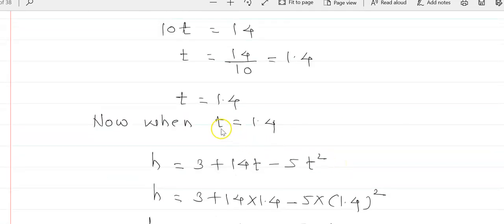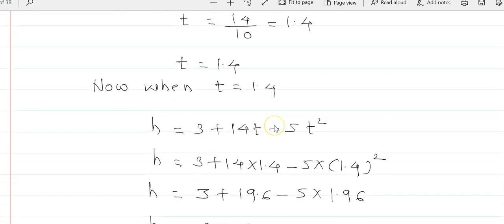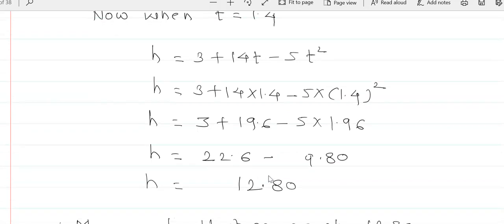When t = 1.4, we have h = 3 + 14t - 5t². Substitute the value of t, which is 1.4, and you will get 12.80.